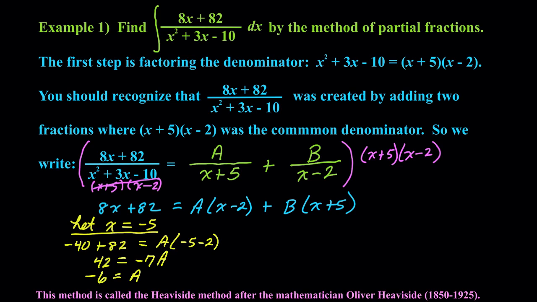All right, so we now know what the a value is, and we can find b using a similar process. So if we want to find b, what we're going to do is let x equal a value that will knock out the a. Well, the value that will knock out this a is going to be when x is positive 2.